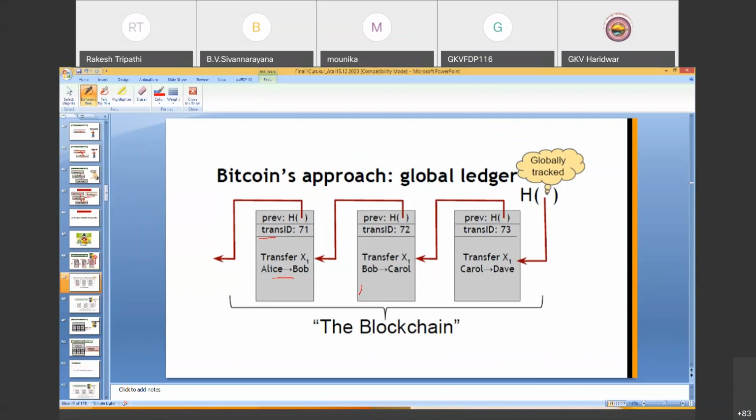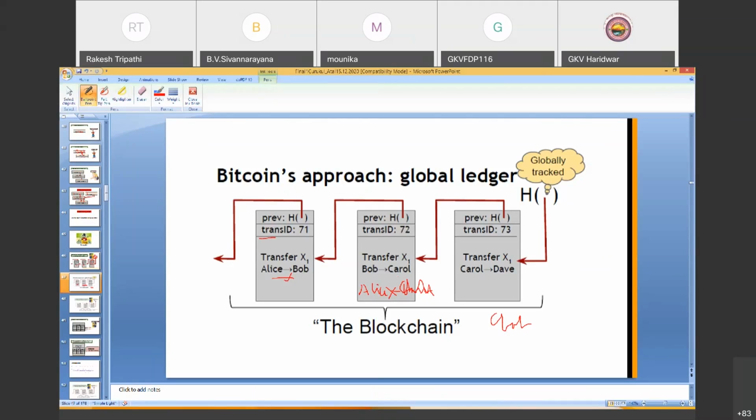Now, if Alice tries to give the same money again, it won't be written here by Scrooge, and Chuck will also not accept, and Bob also won't accept, because Bob knows that Alice has already given this money to Bob. You get my point? Once a ledger is public, all transactions are public. Alice has given the money which she owns to Bob. She cannot give the same money to Chuck.